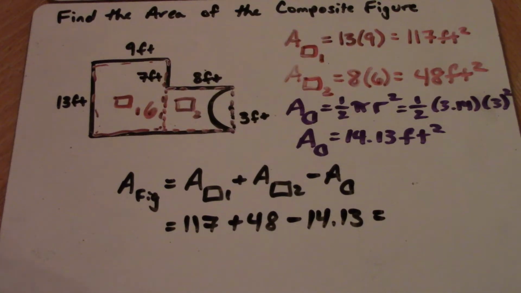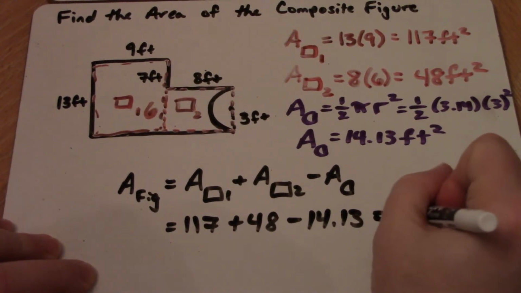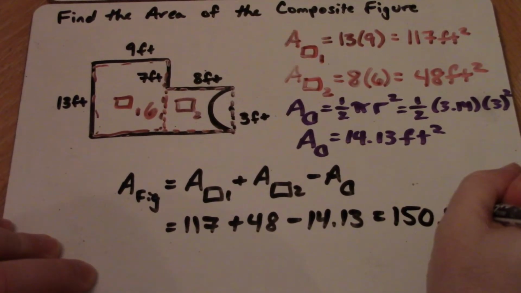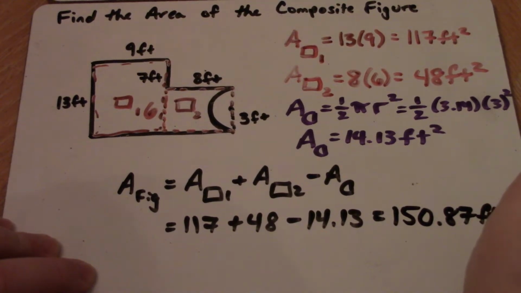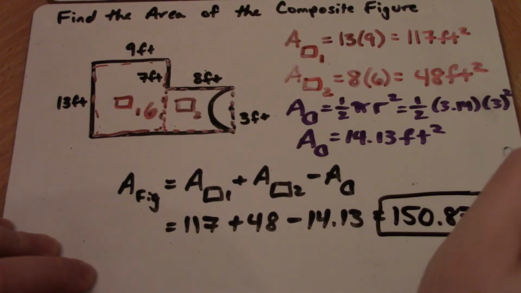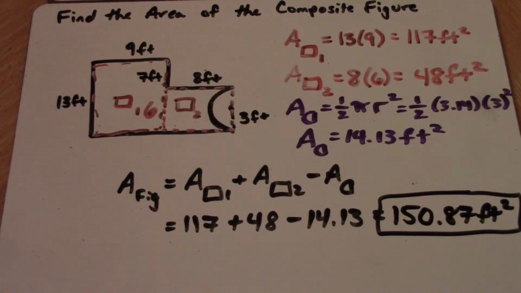We feed those numbers to the calculator, and we get 150.87 square feet for the area of our composite figure. Again, that is 150.87 square feet.